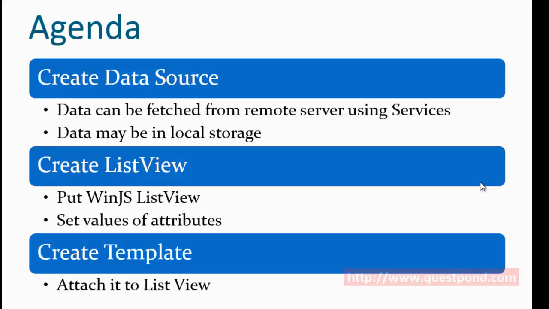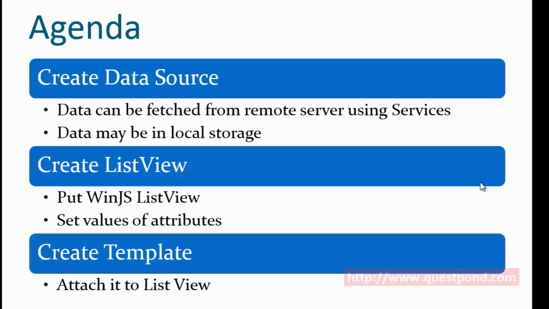After putting the list view control, you need to set necessary attributes like data source, and whether you want to display the list view in a grid manner or in a list manner, etc.